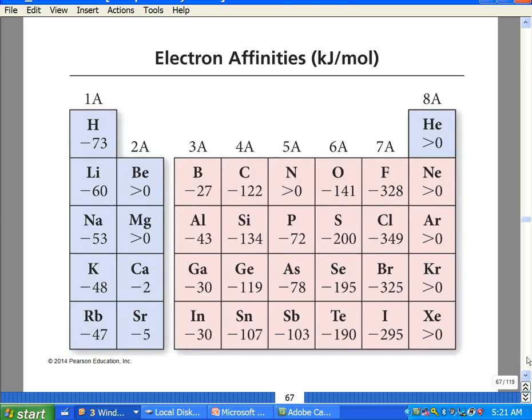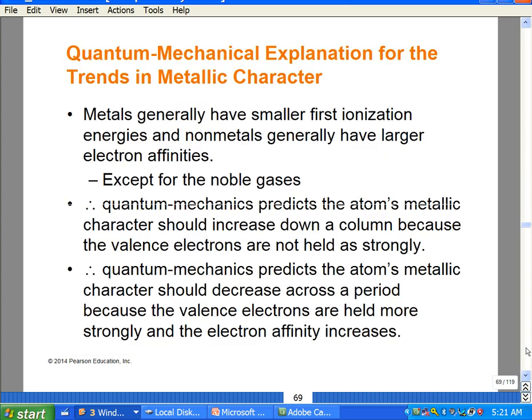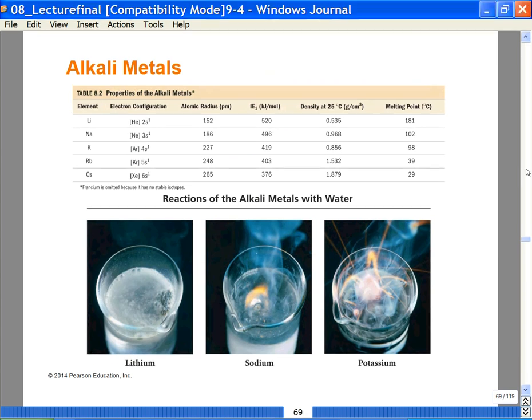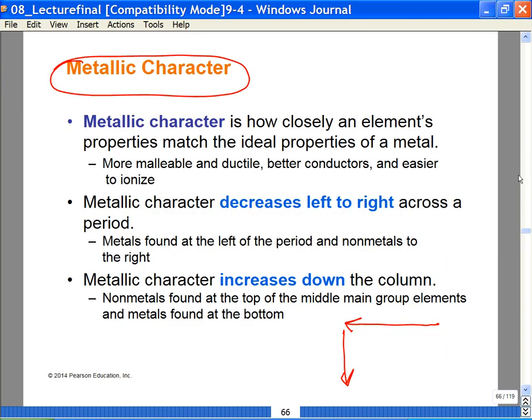So the element that has the highest metallic character is francium. I think it's at the bottom down here. Thought I had a slide on that. Okay, so basically that's how you predict your trend in metallic character.